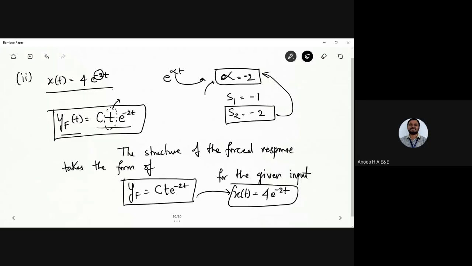Then you are going to find out what y of t is.